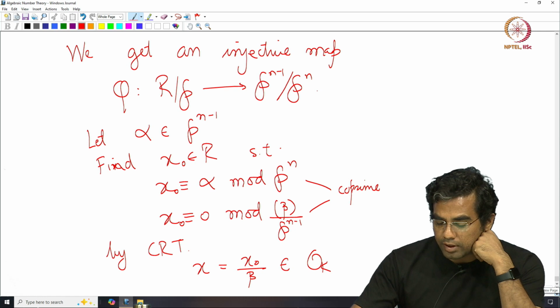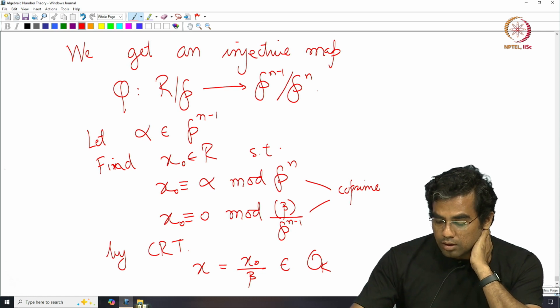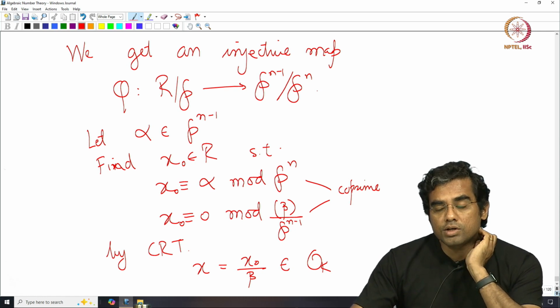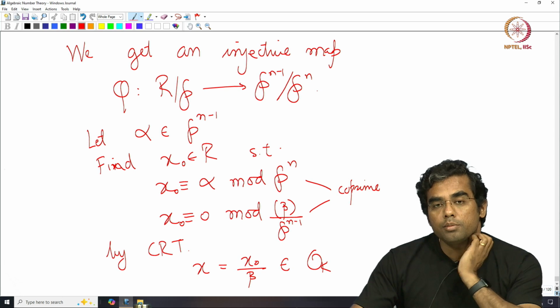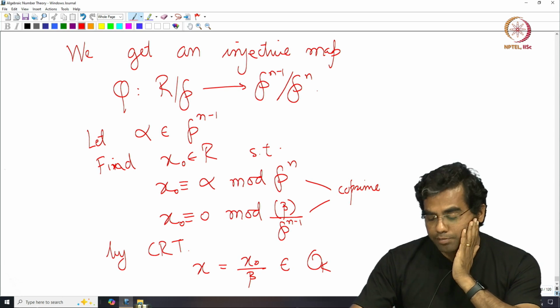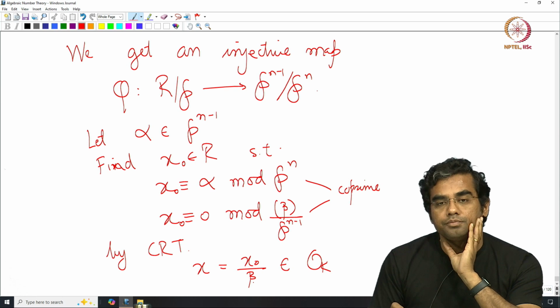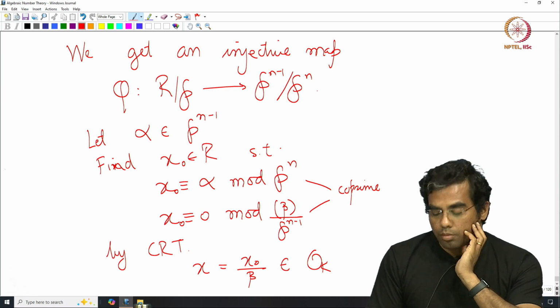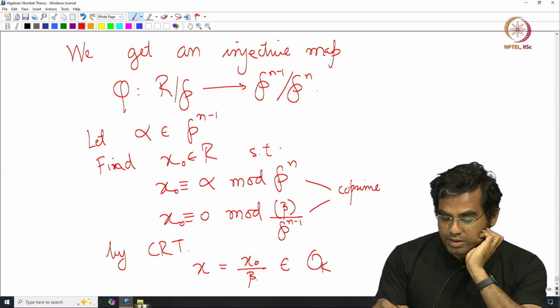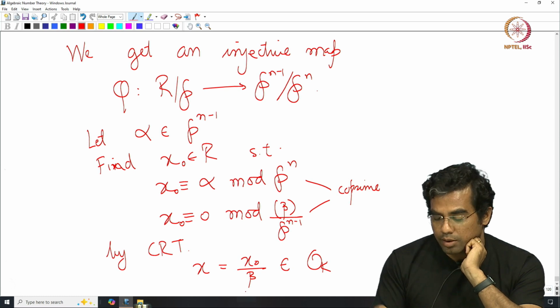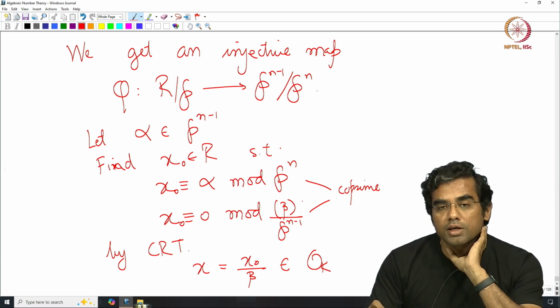In that prime factorization no prime appears to a negative power, because the only negative powers can come from beta, but x_0 is in beta times P^(n-1).